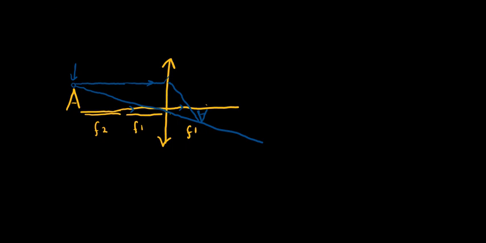So what's ended up happening with an object, which is my large letter A, placed more than 2 focal lengths, so f2 plus, beyond the center of my lens, is I have created an inverted image that is also smaller in size than the actual real object at this location.